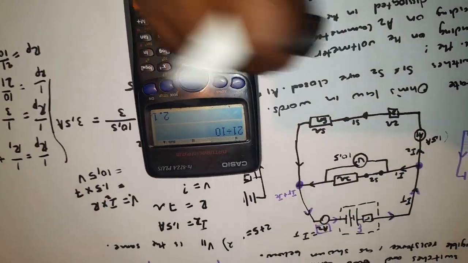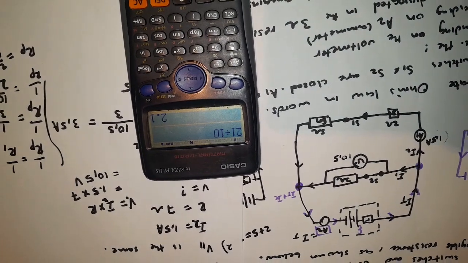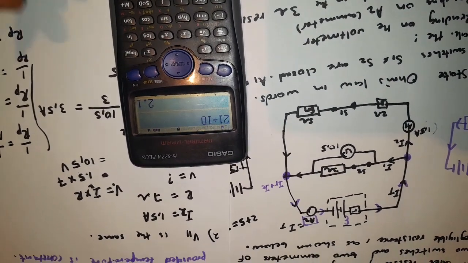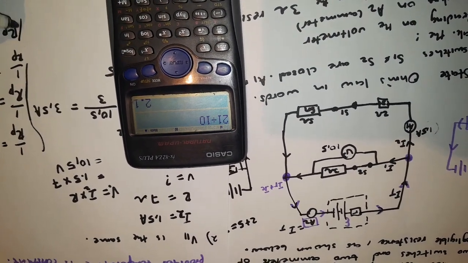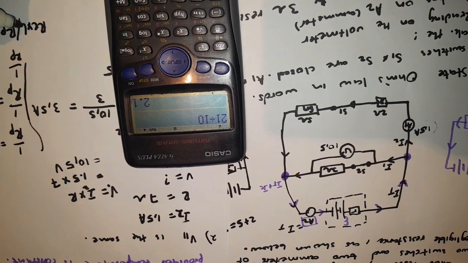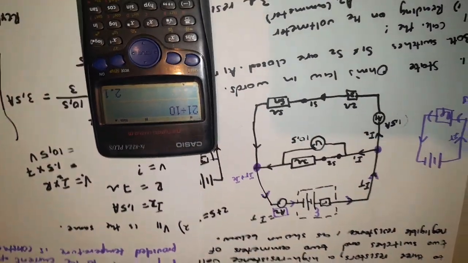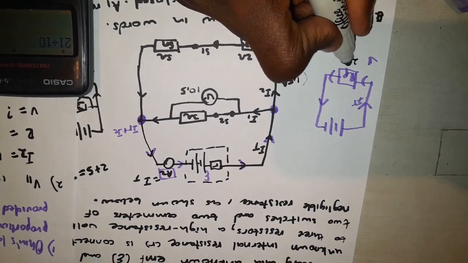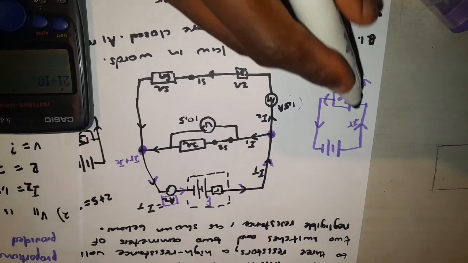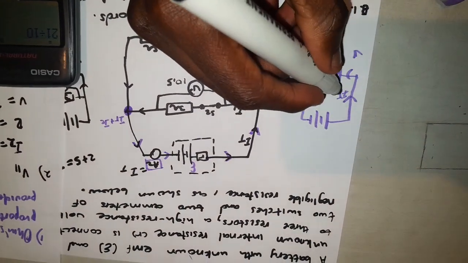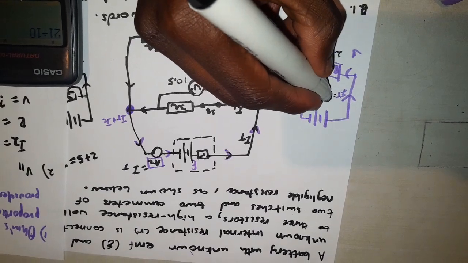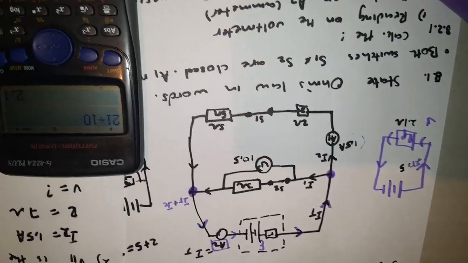So now the total R parallel, or the external resistance, is 2.1 ohms. And we have the I total, which is 5 amperes.